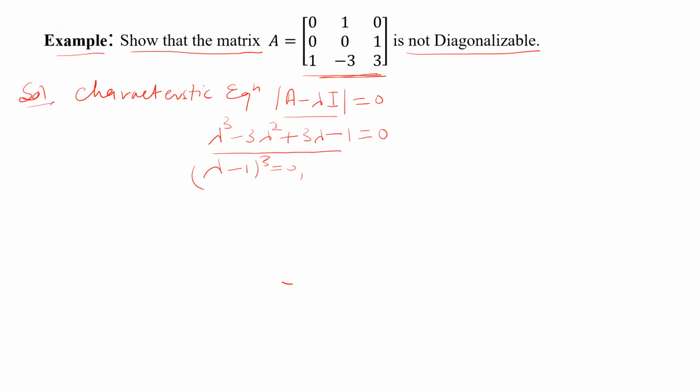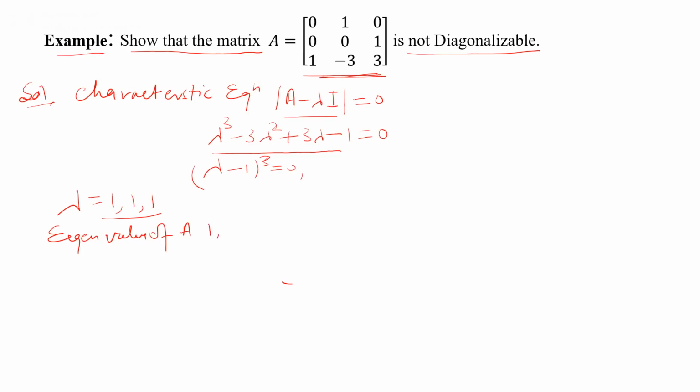That is, we get lambda is equal to 1, 1, 1. So this is the eigenvalue, or we can say characteristic root. So the eigenvalues of A are 1.